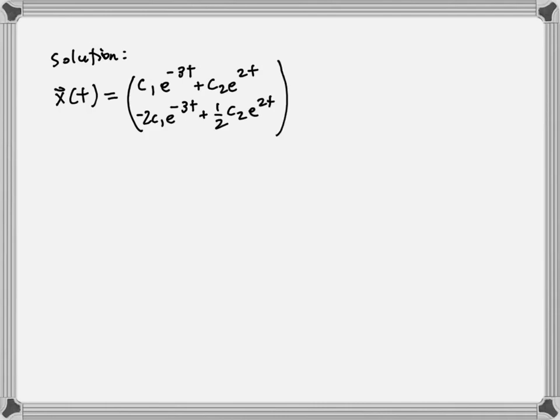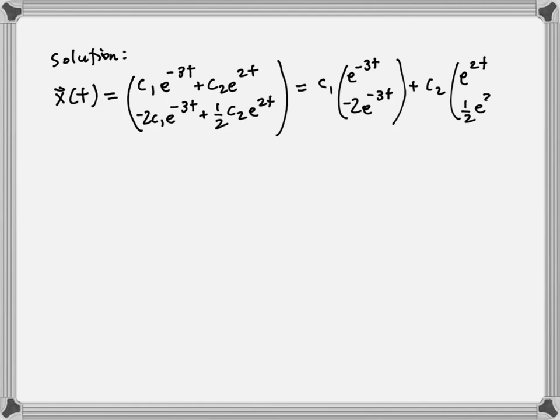Okay? But isn't this the same as c1 times the vector e to the negative 3t, negative 2 e to the negative 3t? So all I did was pull a c1 out of the first guy, plus c2 times the vector e to the 2t and then 1/2 e to the 2t. Okay, so this is what we get.